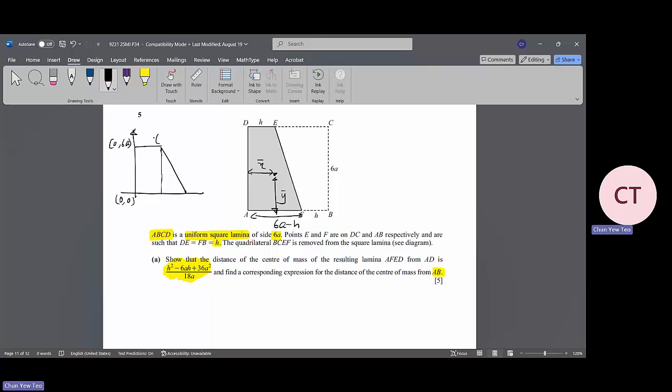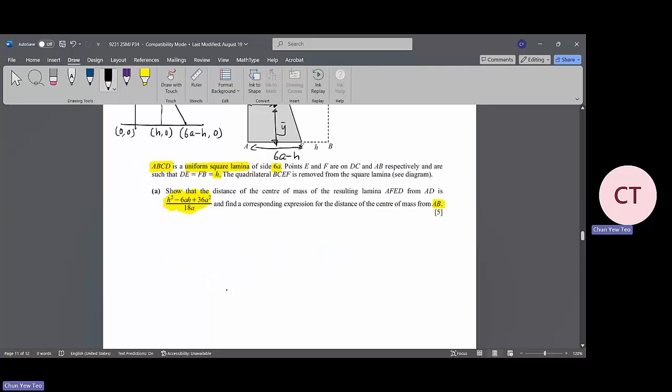But the given is h, so it's a, h, 6a. Then over here, this is 6a minus h and then 0. And this point will be h and then 0. Okay, this is what we are having right now.